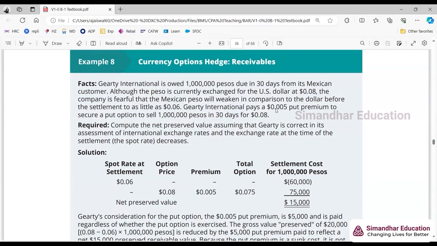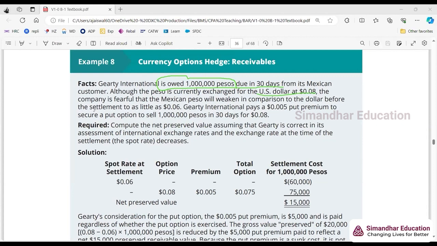So this also, if you see, let's do some annotation. Same, we are owed 1 million pesos in 30 days. Current rate is 0.08. So what am I afraid of? Dollar going up or down? This is a receivables case. So am I afraid of the dollar going up? Sorry, not dollar. Pesos going up or pesos going down? Correct. So we are afraid of pesos going down.